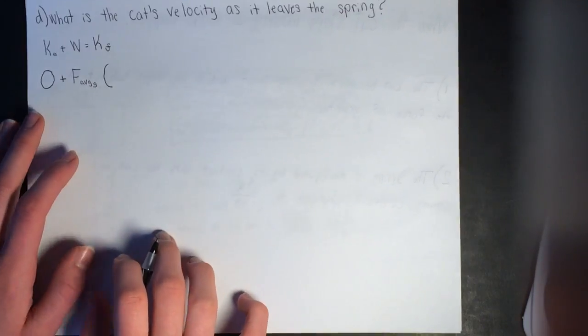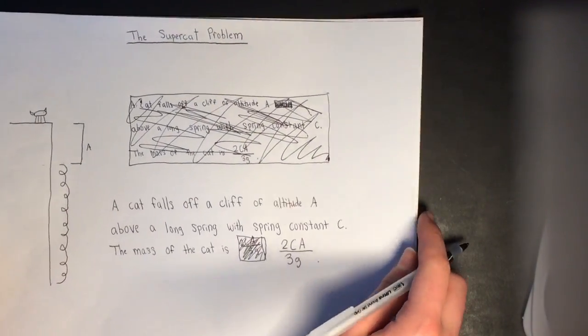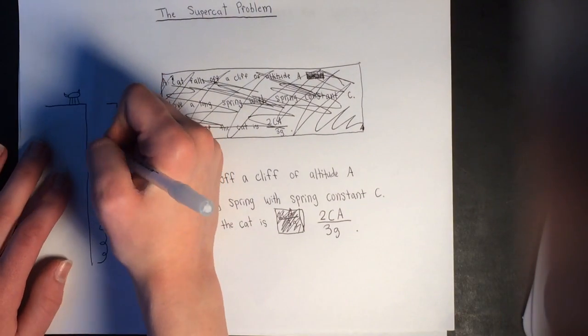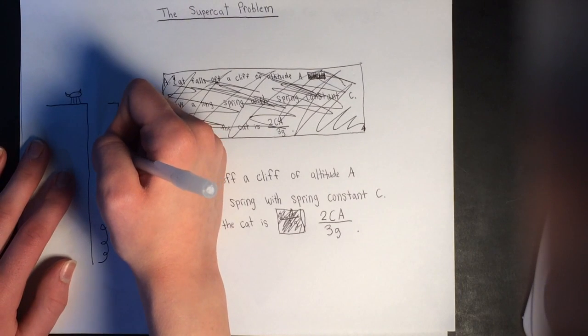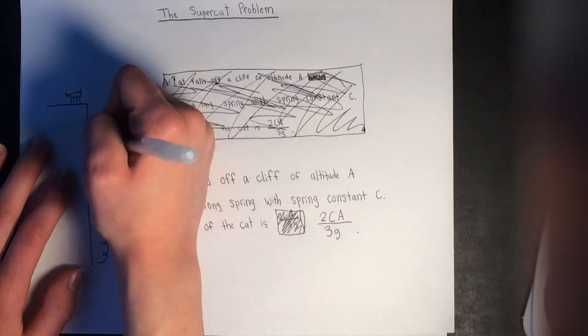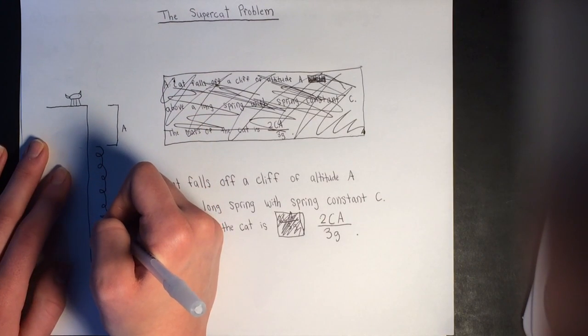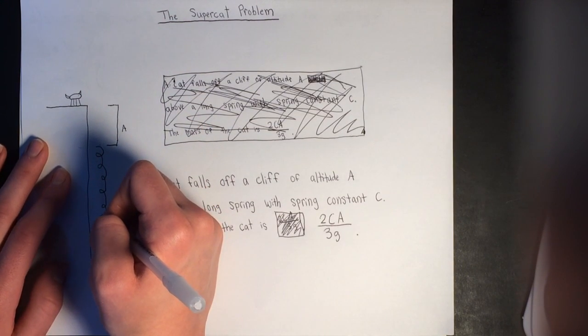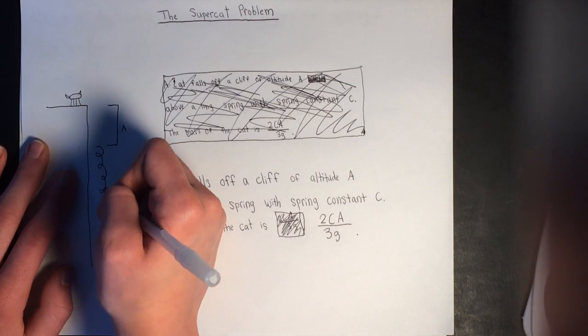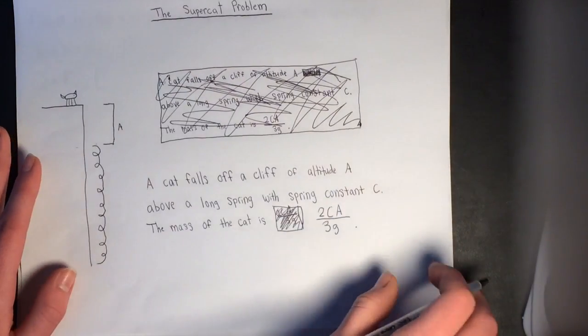Now, delta y is a negative quantity. It's negative 2a. Delta y is the change in height of the cat when it's going down here. Now the opposite is going to happen, and the cat is going to travel the exact same distance, but this time it's going to go up, and then it's going to leave the spring.